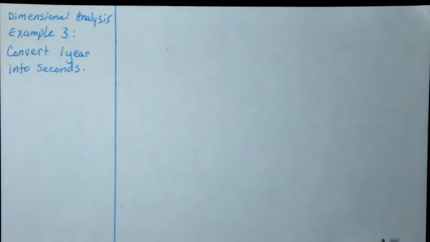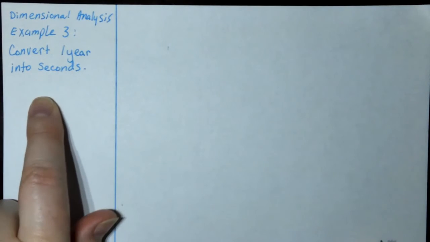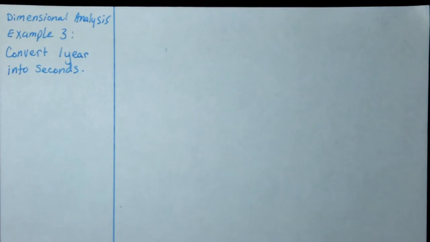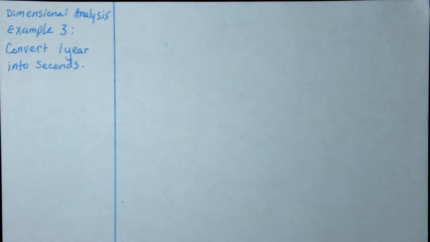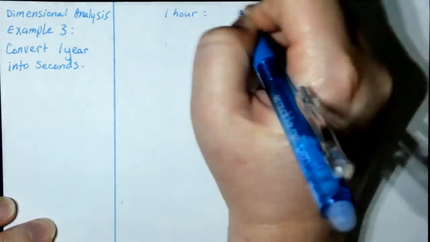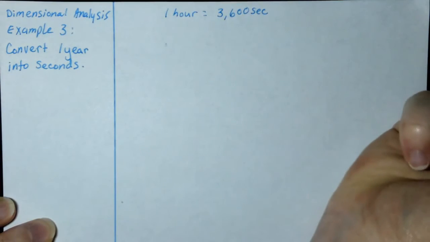So example number 3, convert 1 year into seconds. How should we do that one? All right, so let's start out with our conversion factors that we know. We already know that 1 hour equals 3,600 seconds. What else do we know?